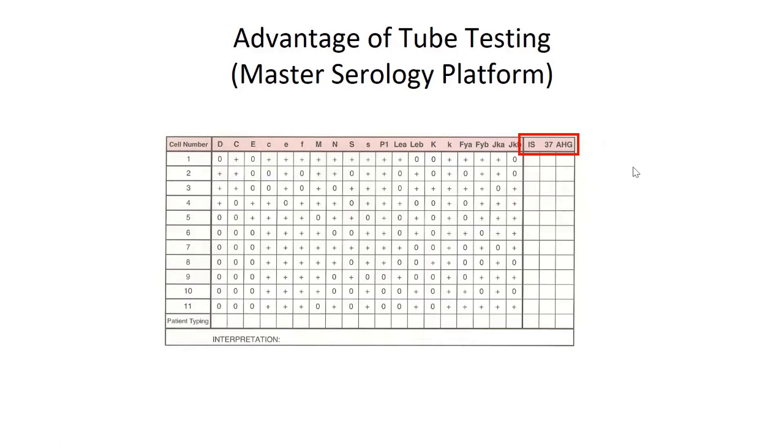The advantage of tube testing, as alluded to previously, is that you've got these degrees of freedom. You can examine a panel at immediate spin. This is going to be picking up your IgM repertoire. You can heat it up to 37 degrees before adding your Coombs reagent to see if the IgMs that you've identified at immediate spin have high thermal range, in which case this might be an explanation or a confounder for your anti-human globulin test.